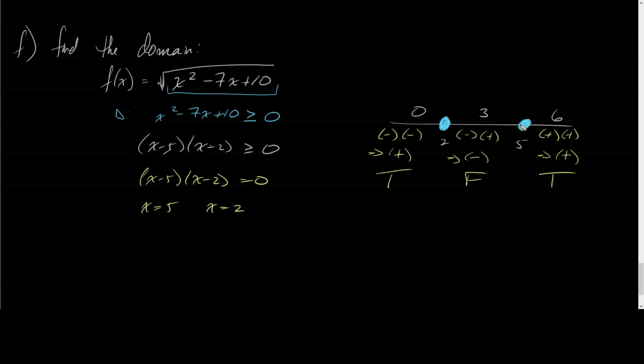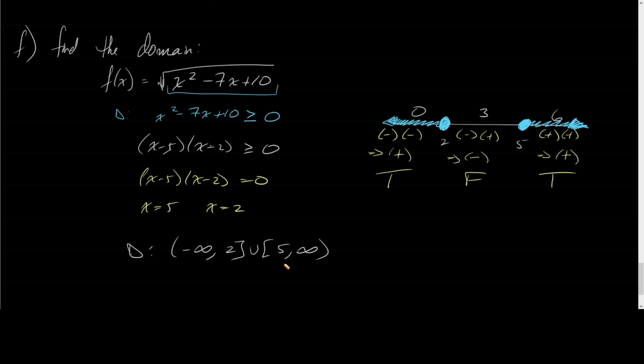And then we're going to shade the parts where it is true. And then our domain now is going to be from negative infinity to 2, including 2, union 5 to infinity.